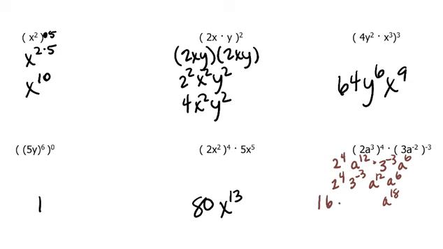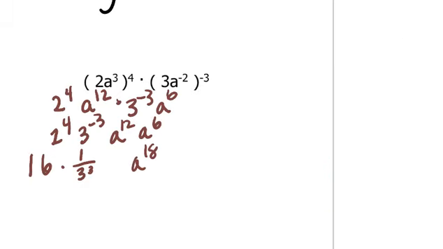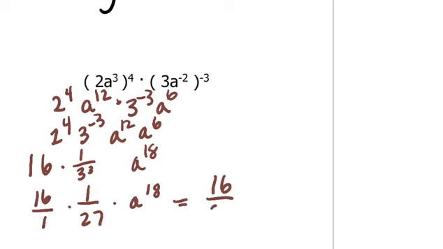And 3 to the negative 3, remember that x to the negative a is 1 over x to the a, so this will be 1 over 3 to the 3. Which, when I look more closely, is going to be 16 over 1 times 1 over 27 times a to the 18, which is how I got 16 over 27.